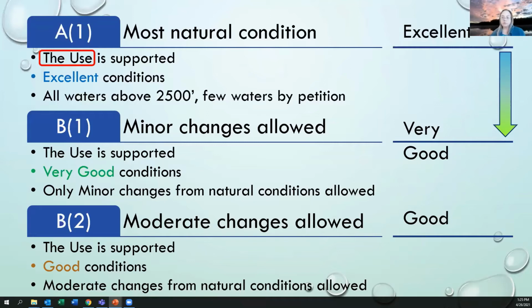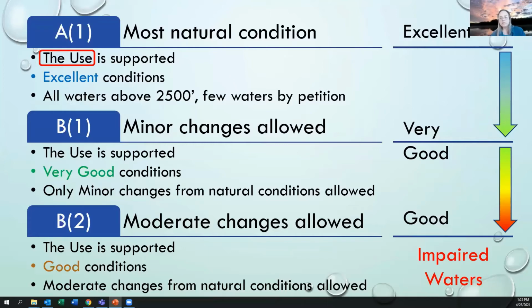So if it's a B1, again, those permit discharges can potentially degrade the water, but it has to go a whole other level down before it can become an impaired water. So it's a really good way to protect our high quality waters. An A1 can never be degraded down to B2.